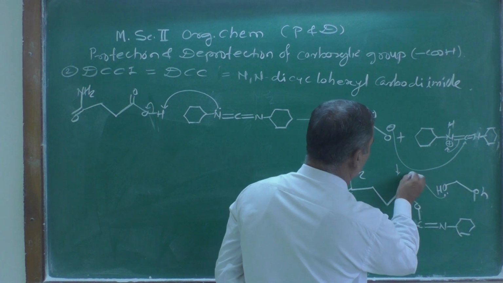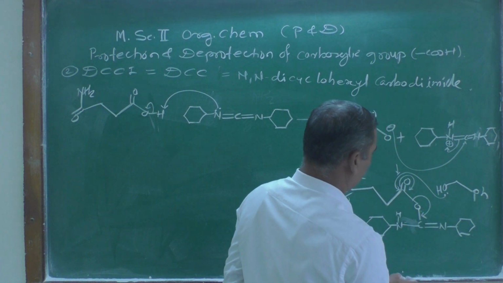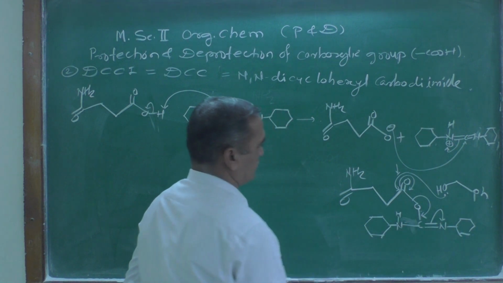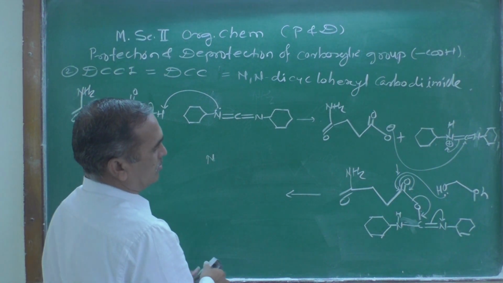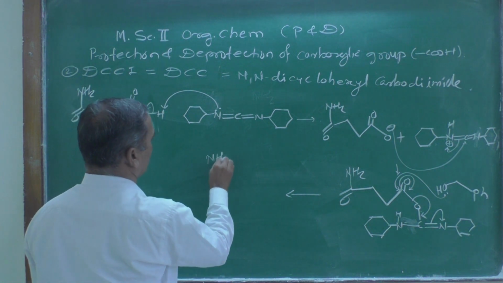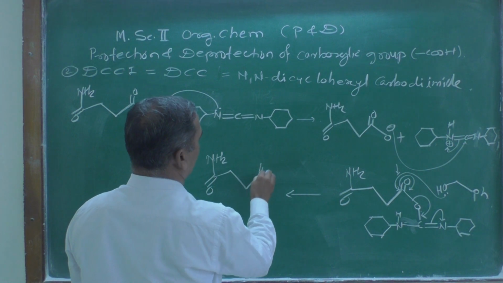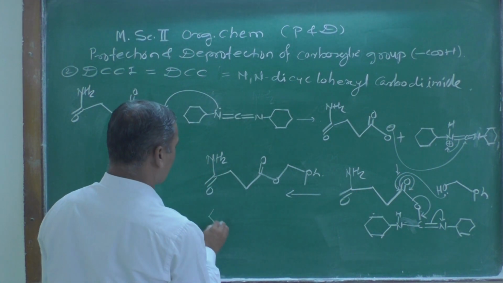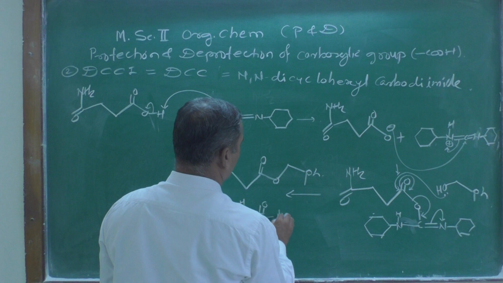Now what is going to happen, this is going to attack on this carbonyl group, this is revolving around it and forming a double bond over there, and then this double bond and one hydrogen from here is going there, and we are going to get the product: NH2, then C double bond O, then CH2, then C double bond O, then CH2 and then the benzyl group. The side product, as we know, is the urea, NH C double bond O. This is the oxidizing reagent, which gets reduced over there.